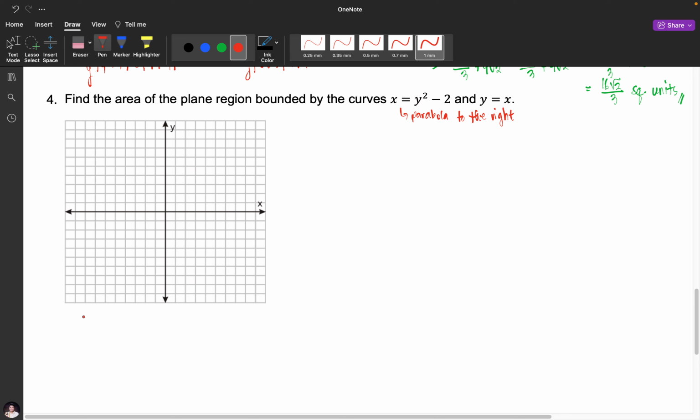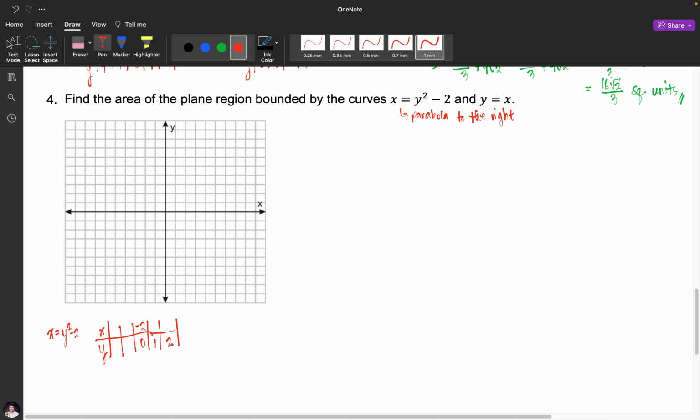So let's make a table of values first. So we have for x equal to y squared minus 2, we have x and y. So again, our vertex is negative 2, 0. Let's start with y to make it easier.